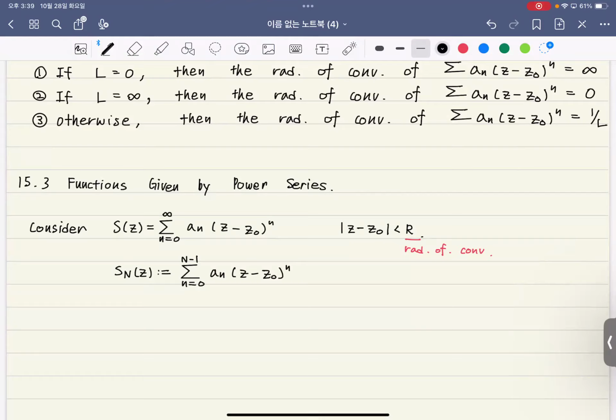This is a polynomial of degree n minus 1, right? Since this is the function and this is the approximation, we also always need to consider the difference between the true function and the approximation, which will be called the error or remainder.